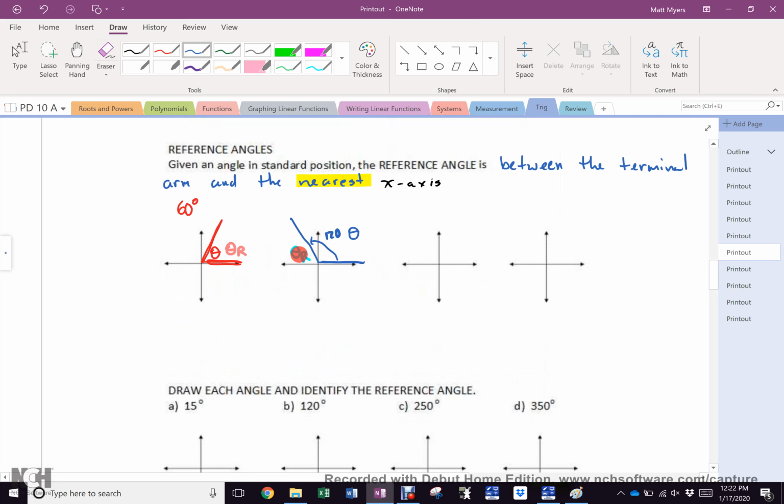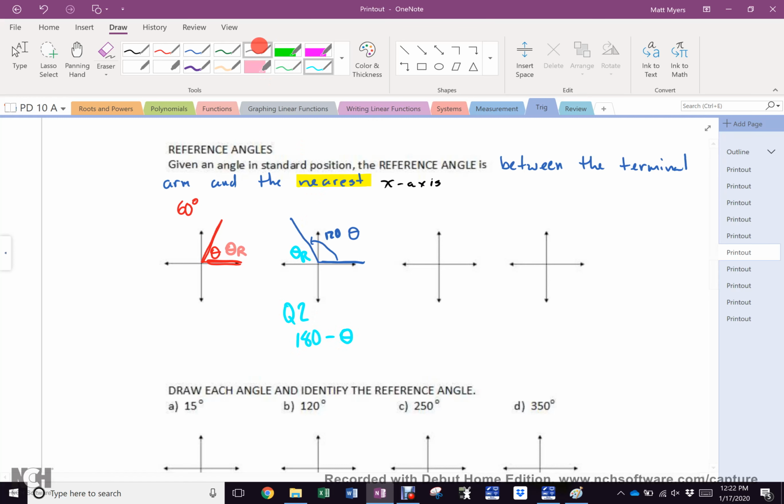How could I find it? Jordy. Right. This reference angle, quadrant 2 reference angles, are 180 minus theta.